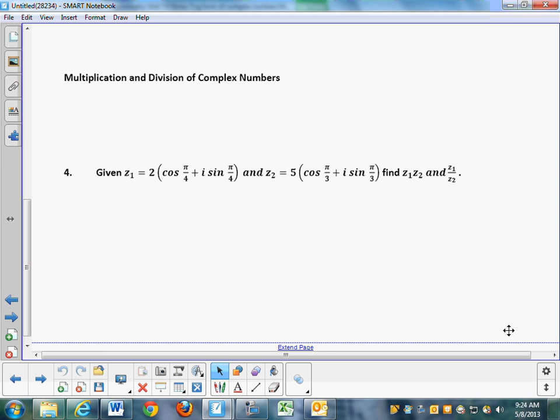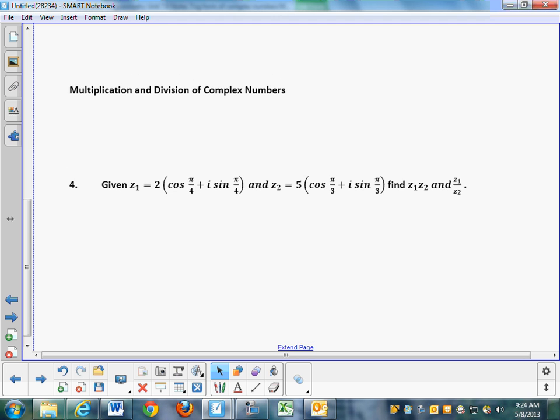Okay. All right, so we've got multiplication and division of complex numbers. And this is not going to be very difficult. I'll list it as this. We'll say Z1.